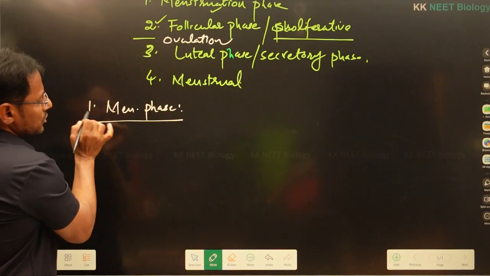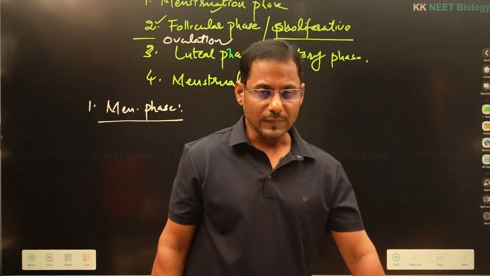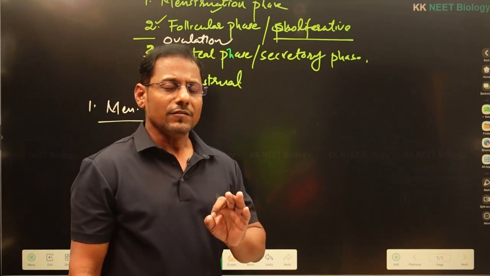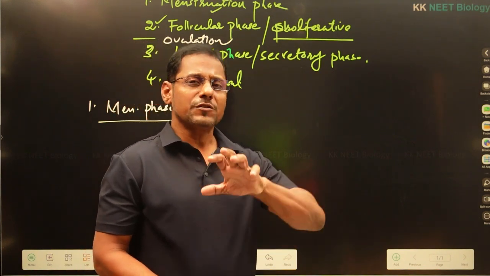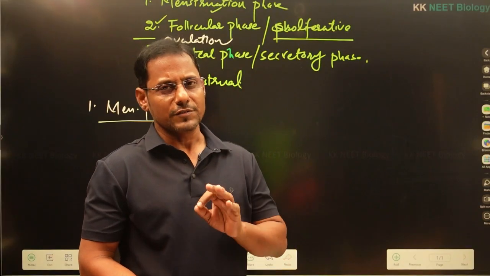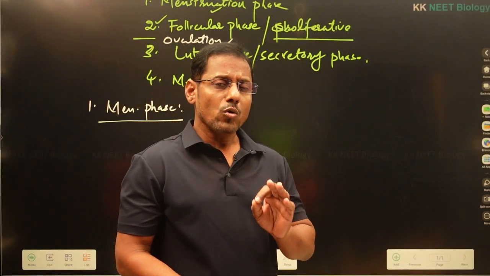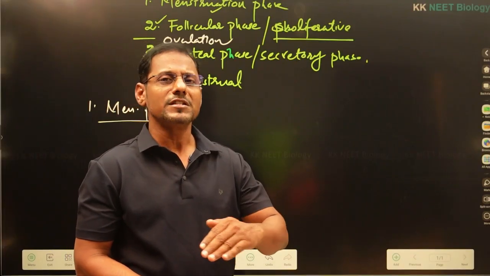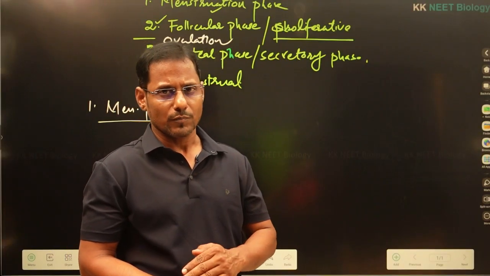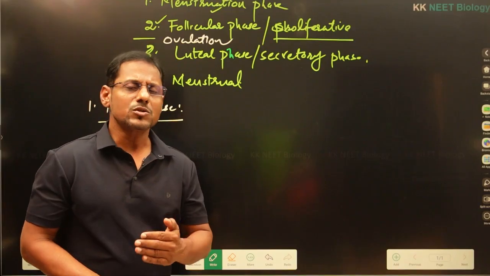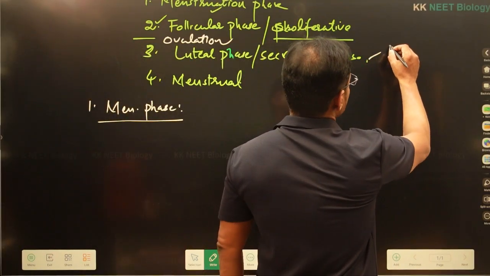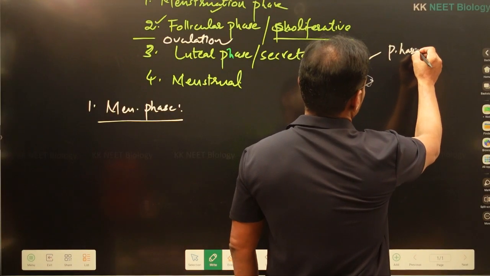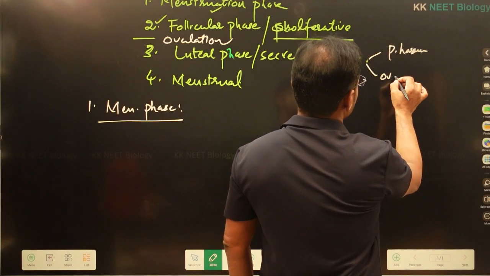So what happens in the menstrual phase? When we are studying the menstrual cycle, we must focus on each and every point, as well as the levels of the different hormones and how they are being produced. Here the menstrual cycle is going to be affected by 2 kinds of hormones. One is pituitary hormones, and the second one is ovarian hormones.